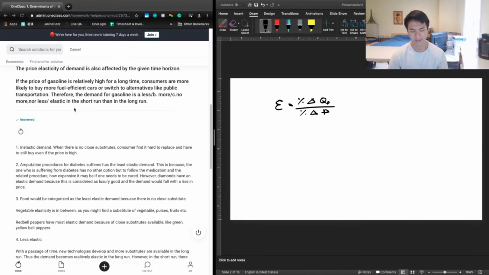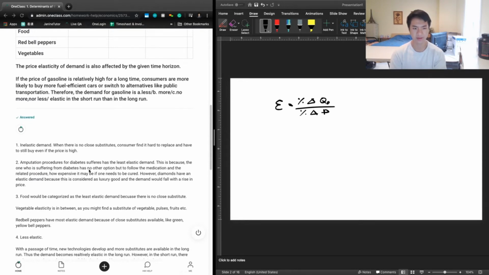So let's take a look at the answer choice that the previous tutor gave. The previous tutor also said amputation procedures for diabetes sufferers, and said that has the least elastic demand. This is because someone who's suffering from diabetes has no option but to follow the medication and the related procedure, no matter how expensive it may be if one needs to be cured.